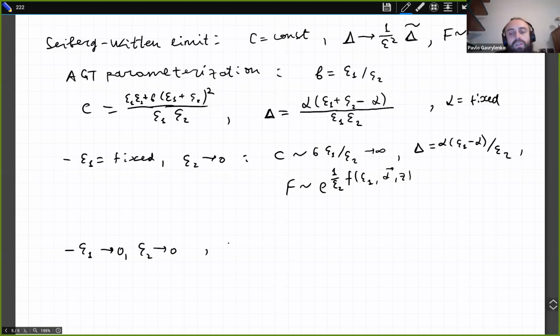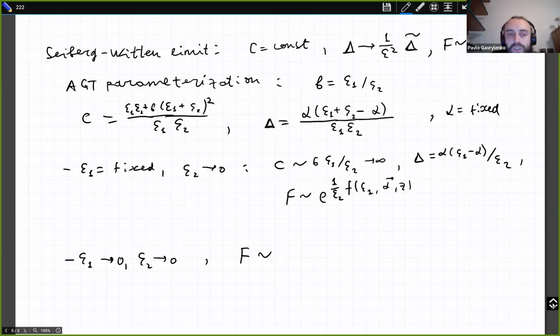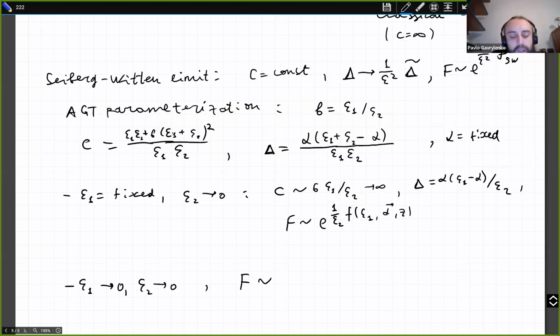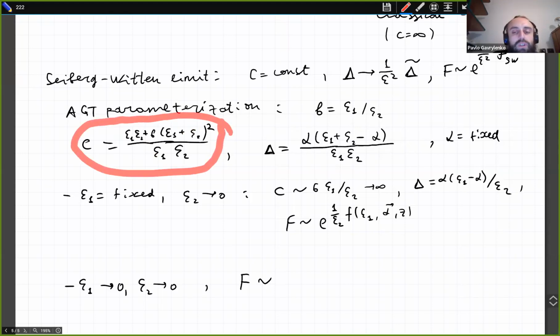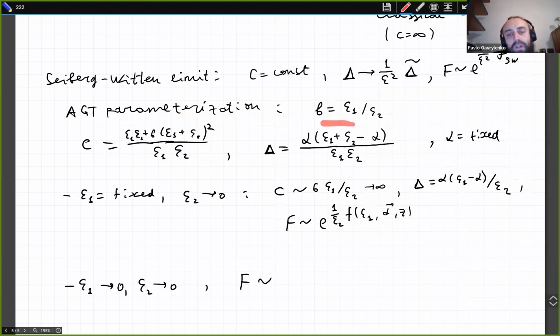So in this case, this scaling means that if epsilon 1 and epsilon 2 go to 0 at the same speed, then the central charge is fixed. And this delta behaves like 1 over epsilon 1 times epsilon 2. So delta is something like minus alpha squared over epsilon 1 epsilon 2.